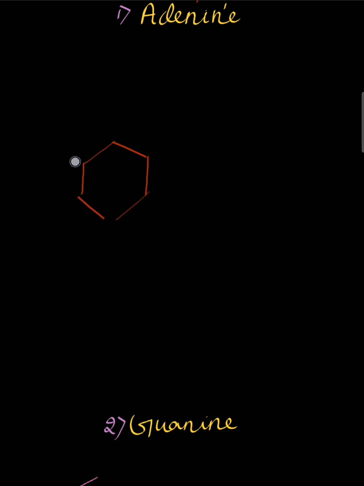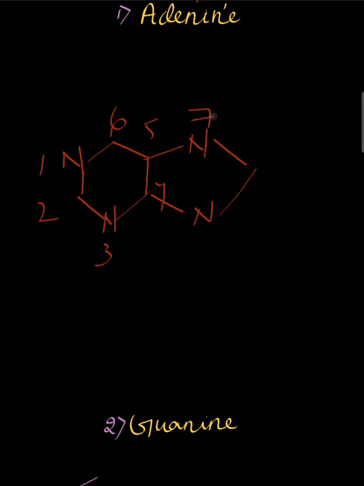We're going to take N, N, N, N, and then we have N, N, 4N, right? In the pyrimidine we had 2N and here we have 4N. So we're going to number it from upwards because it is purine. So 1, 2, 3, 4, 5, 6, 7, 8, 9, right?